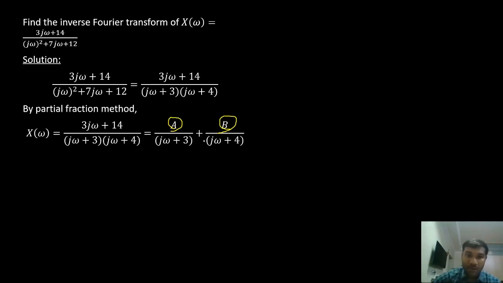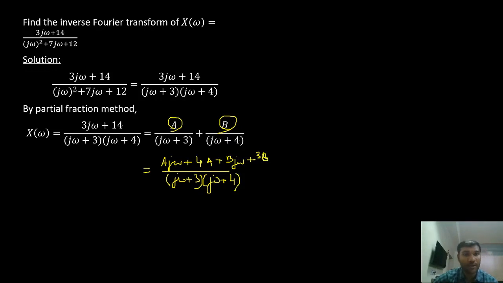Now let me cross multiply, or take the LCM on the right side. If I take the LCM and cross multiply, I get a j omega plus 4a plus b j omega plus 3b. This is my numerator.